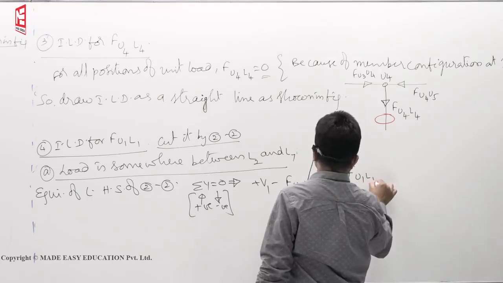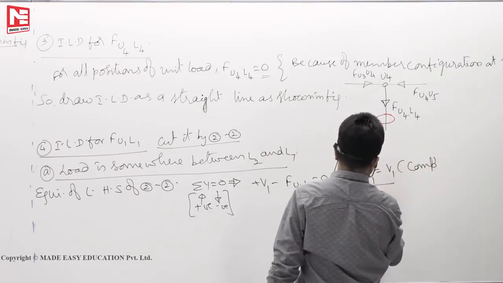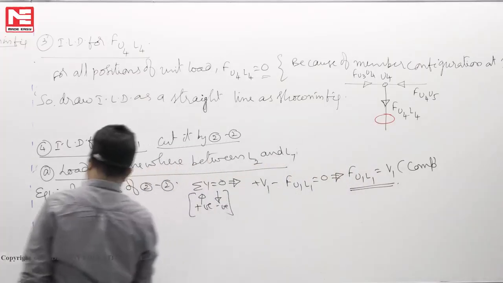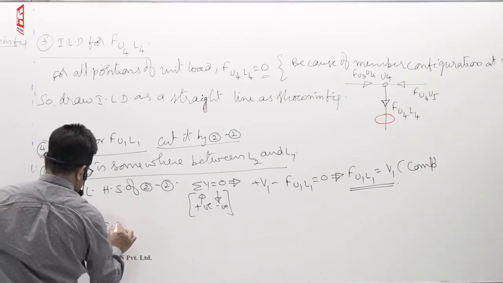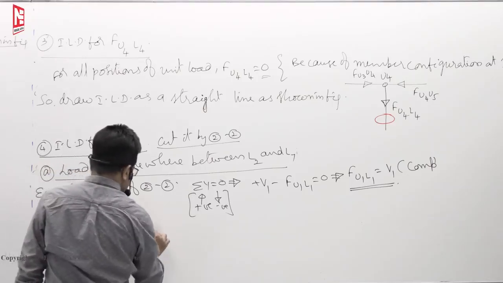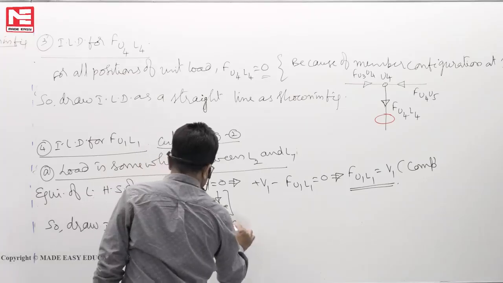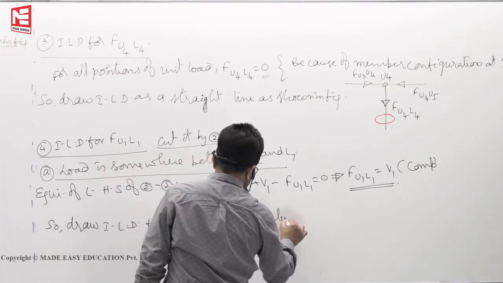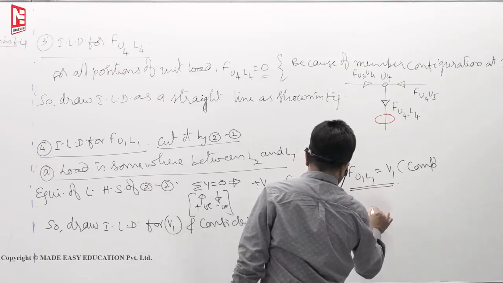So you will get FU1 L1 is equal to V1, arrow mark towards the joint, compression. So draw ILD for V1 and consider between L2 and L7 only.